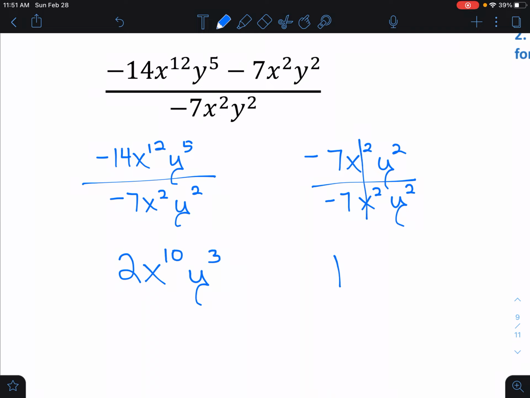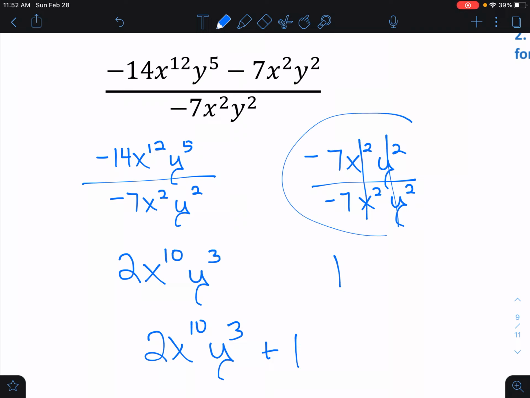Anything to the 0 power is 1, so those cancel out. I already have a 1 here, so I don't need to write another one. And then y squared divided by y squared is 1 again, or y to the 0. So I have this 1 here. I'm going to leave that. Now it's a positive 1. So I'm going to write 2x to the 10th, y to the 3rd, plus 1.